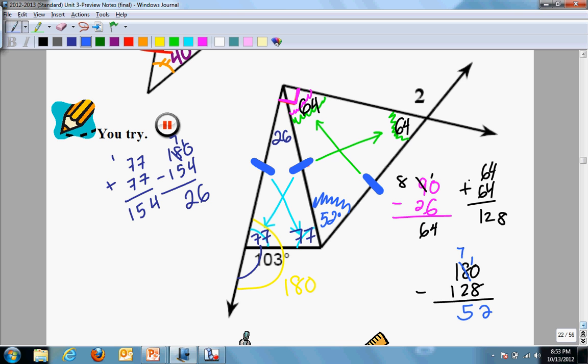Careful, you're not done. 180 minus 64. This is 116, which means over here is 116. And then this is also 64 degrees. Double check, make sure you have all the exterior angles, and you do. Circle the ones that you missed or got incorrect and go back and correct them.